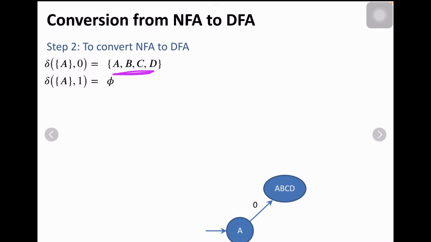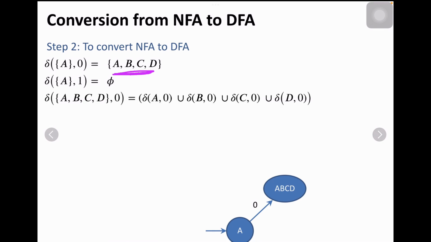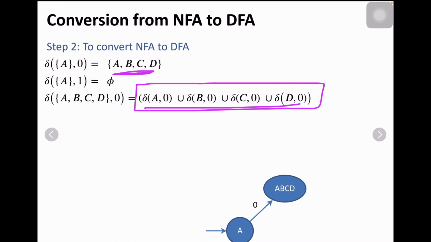A on 1, there is no transition at all, just leave it. Then A is over. A, B, C, D on 0, you can split like this: A on 0, B on 0, C on 0, D on 0. For these transitions you can look at the previous slide, the given NFA.